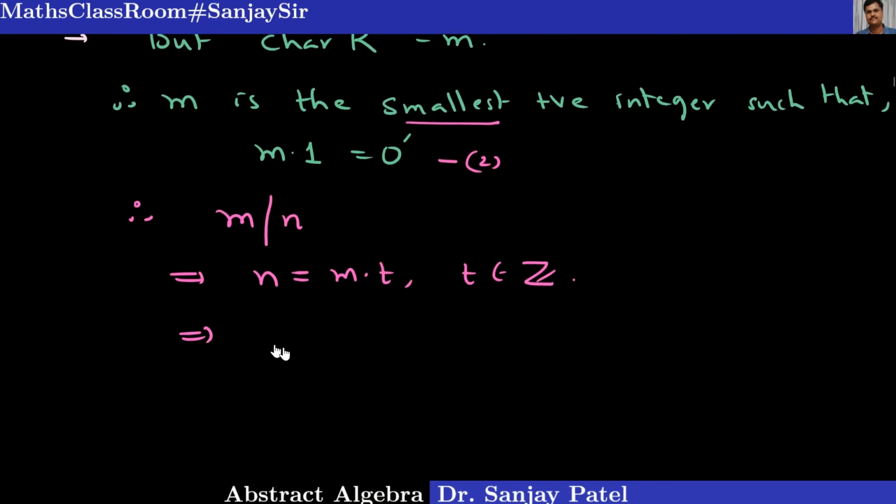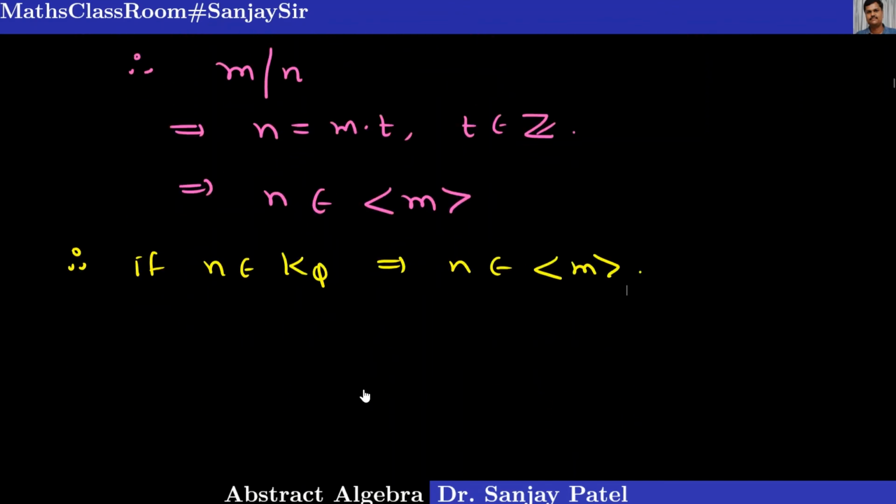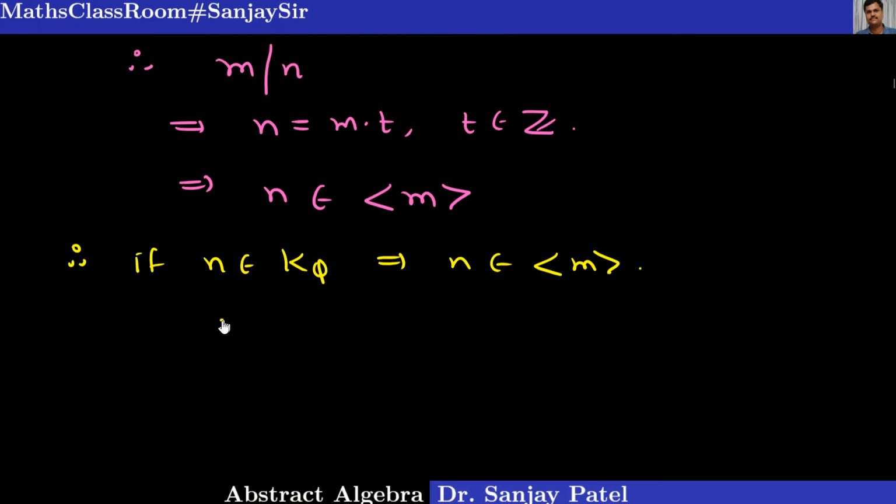So I can say that this n belongs to the principal ideal generated by m. Okay. So what I have proved here is this: if n belongs to K phi, then n belongs to the ideal generated by small m. So thus K phi is a subset of this set, and let this be our result number 1.